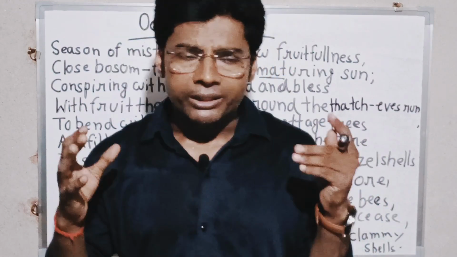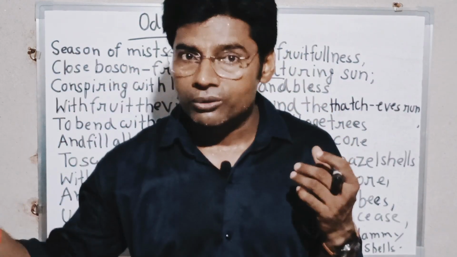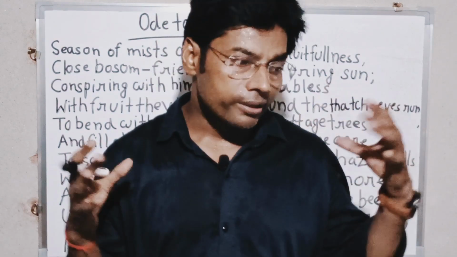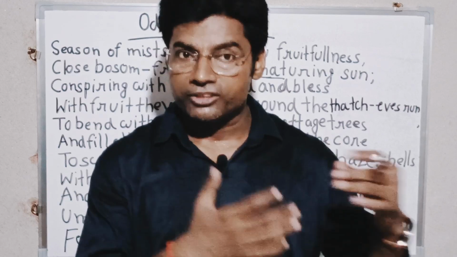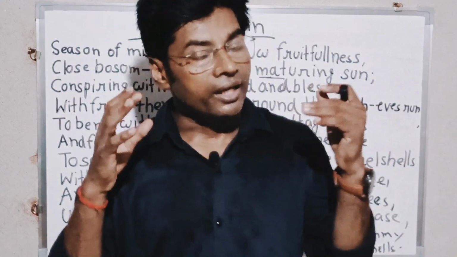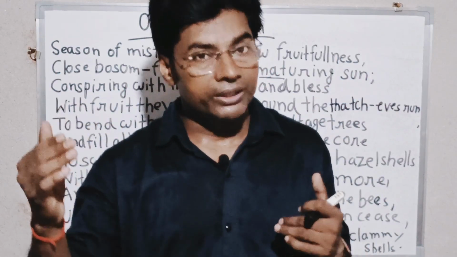Honey bees are in a kind of confusion whether the summer is not going to end this year. Why? Because autumn has given a kind of extension to the summer.